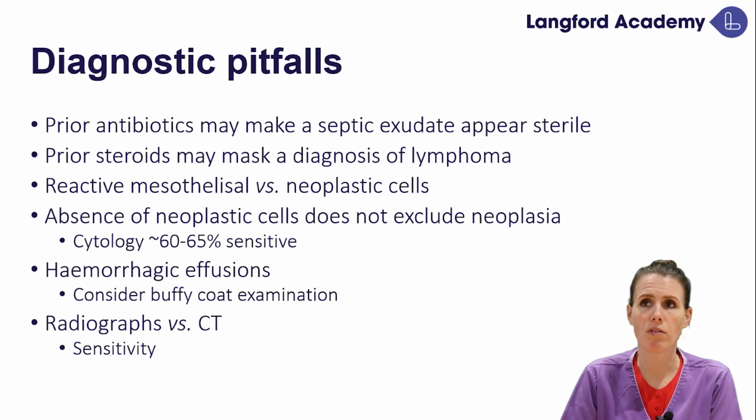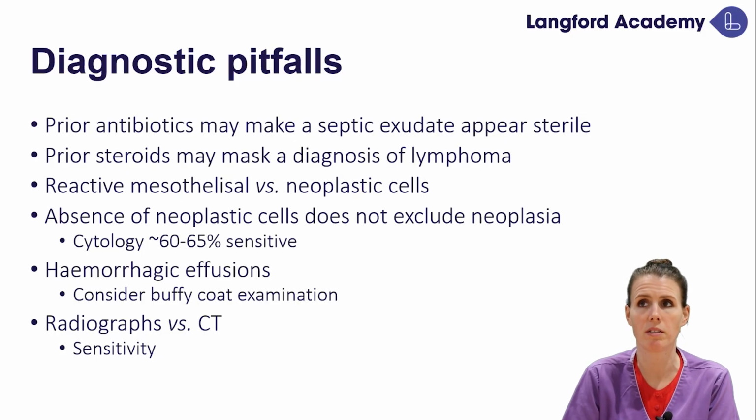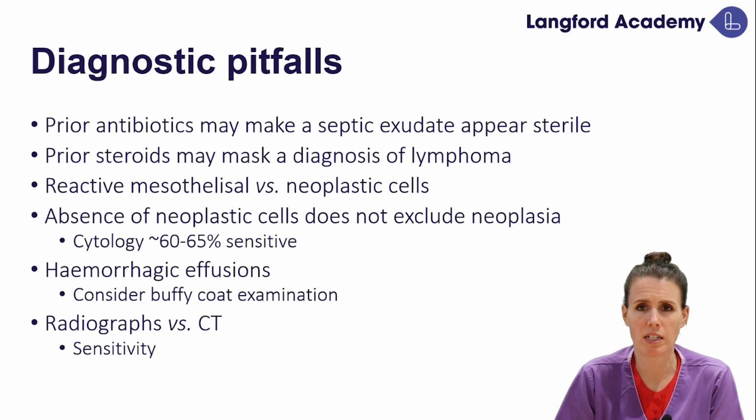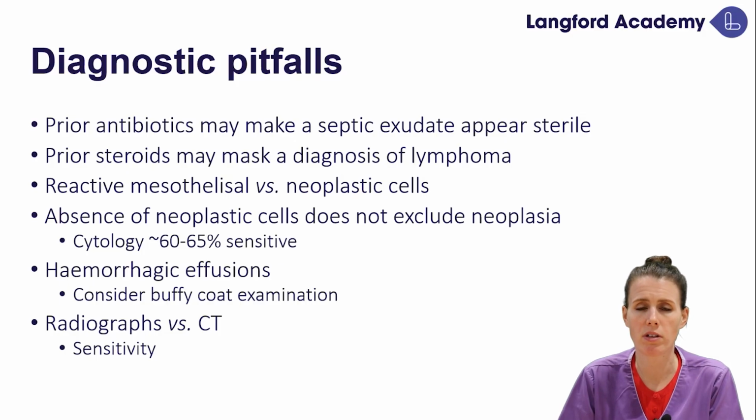And then sometimes we can find that hemorrhagic effusions can limit our ability to interpret concurrent cell presence. So once a PCV in an effusion exceeds 20%, it's been demonstrated that you might miss neoplastic cell presence there. And so in these cases, it may well be worth considering doing a Buffy-Coat examination so that you're better evaluating the nucleated cells present.